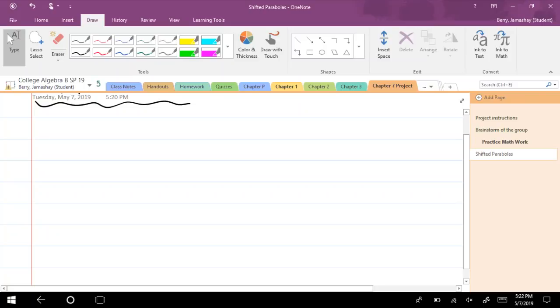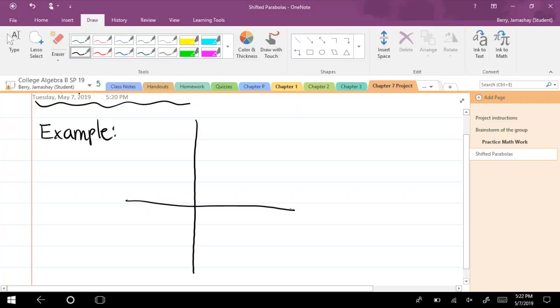But an example of one of the shifted parabolas is making sure that h and k has a point. So h and k will always have a vertex when you are making your points.